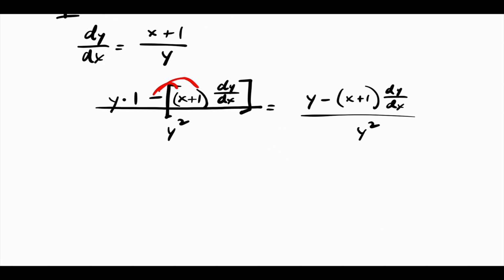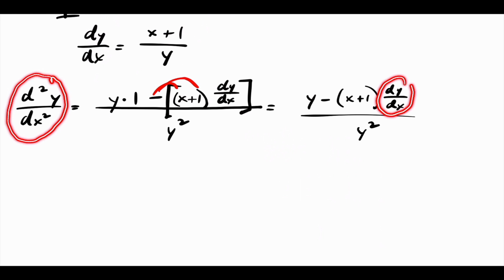Okay, and then this is the second derivative, right? Normally, after this, what would be my step? Get the dy dx by itself, right? But that's not necessarily going to be helpful because I already have a d squared y over here and this guy over here.